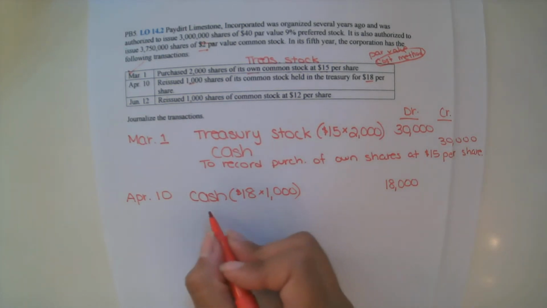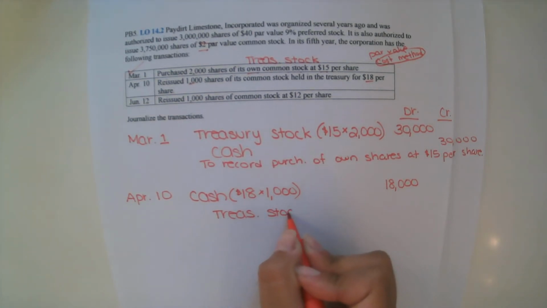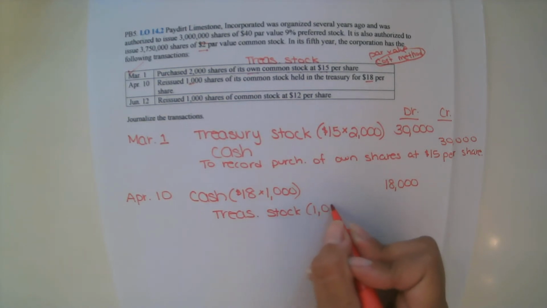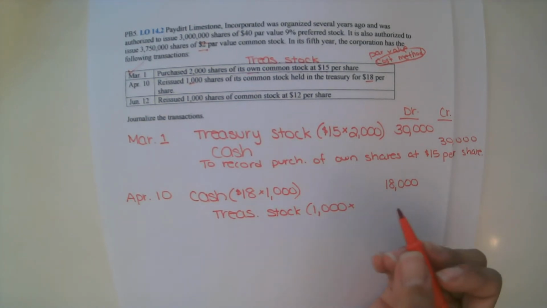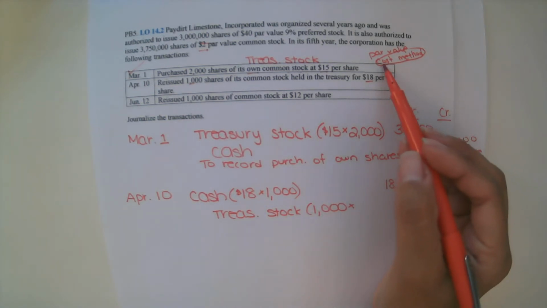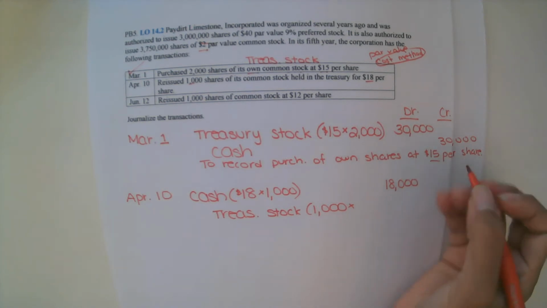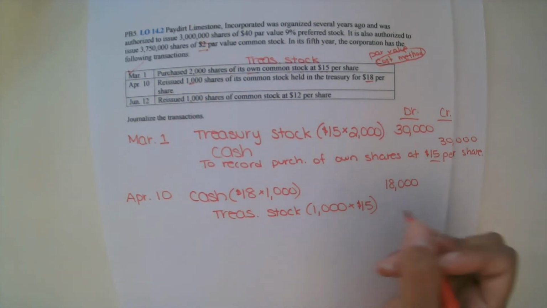What did we sell? Treasury stock. So now we have to take away the treasury stock because that went out. Treasury stock. We sold 1,000 shares at. Now again, be careful here. You don't want to use the 18. We said that we're always using our original cost. We paid 15, and that's why I like to write it in the explanation so I can remember. 15.